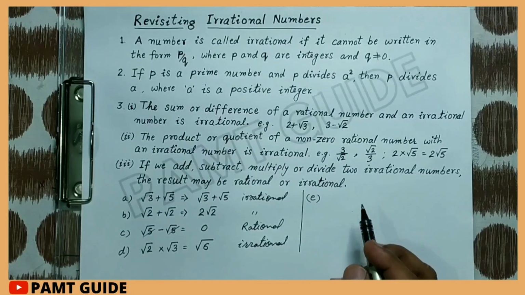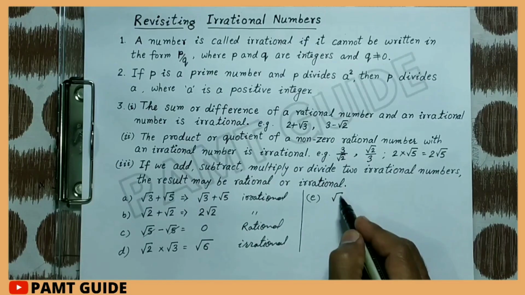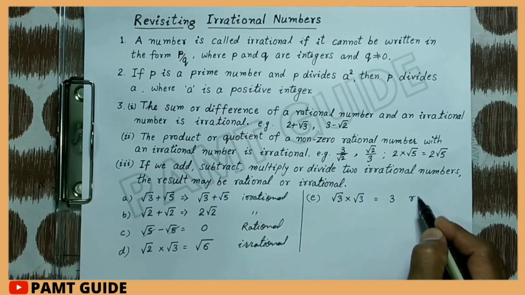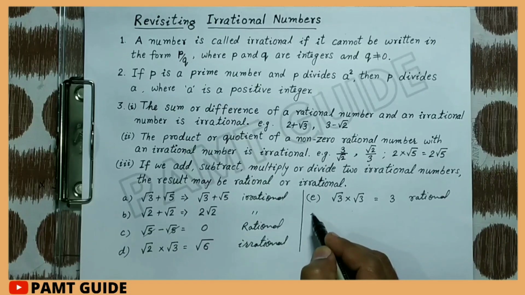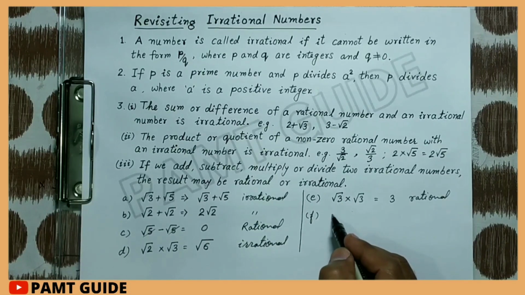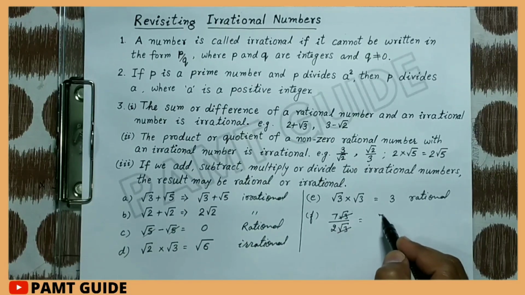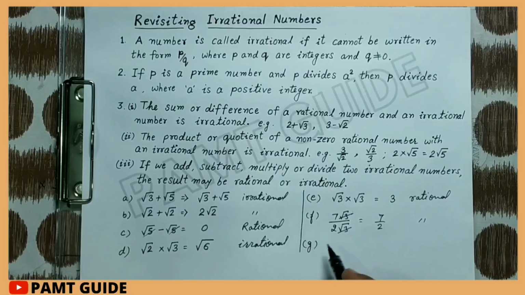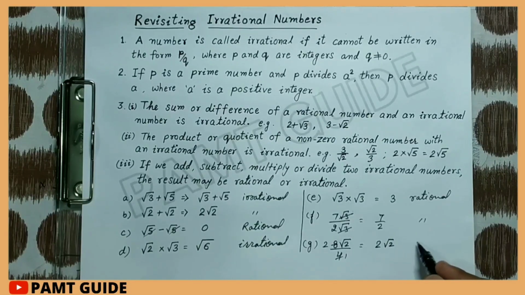E: root 3 multiplied by root 3 will be equal to 3, and it is rational. 7 root 3 divided by 2 root 3, then root 3 will be cancelled by root 3 and the result will be 7 by 2, and that is also rational. 8 root 2 divided by 4, then 4 ones are 4 and 4 twos are 8, and it will be equal to 2 root 2, and that is irrational.